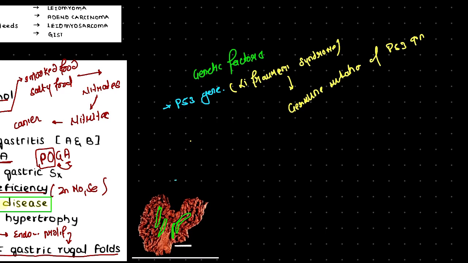Now moving toward another genetic factor, and that is our APC gene. The APC gene is also a tumor suppressor gene, right?